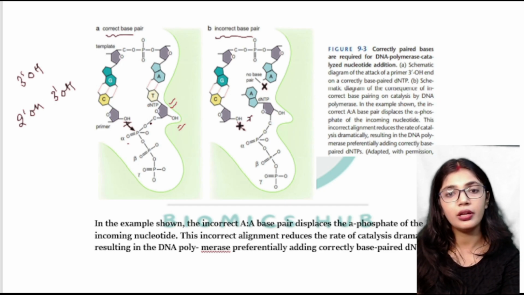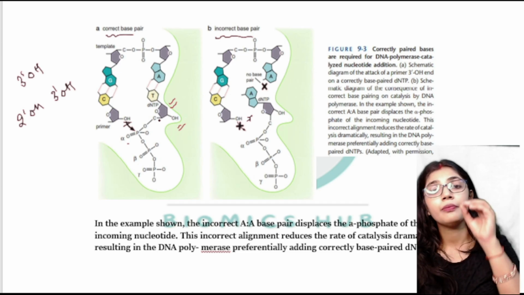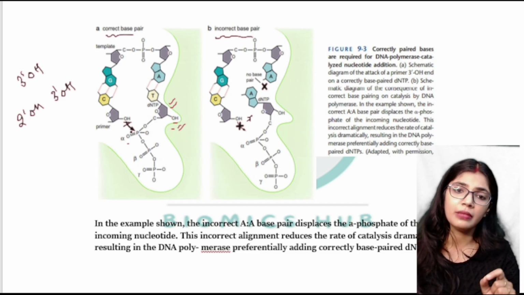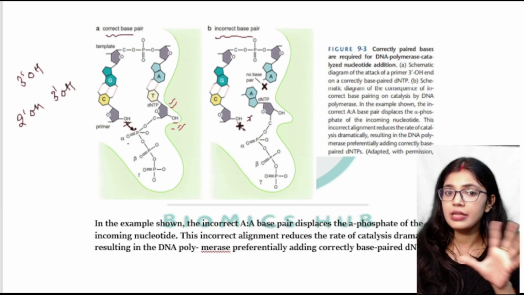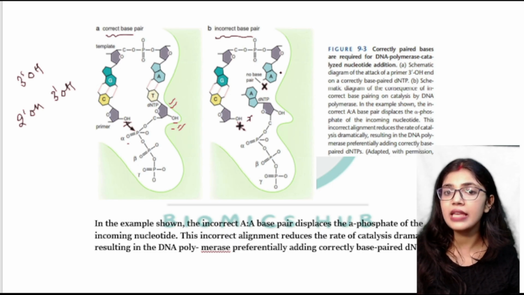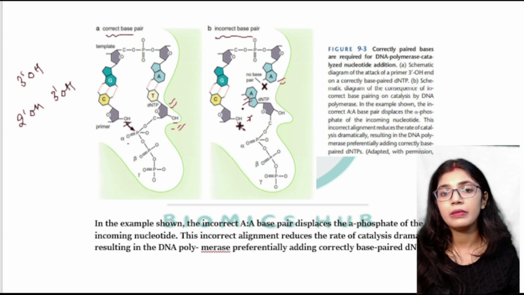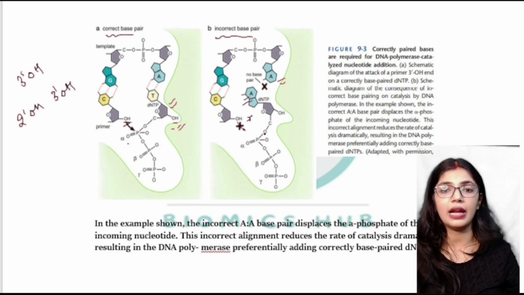So it helps the nucleotide to come and bind in this pocket, and the distance between this alpha phosphate and this OH group is not far. But in this case, this is adenine and it is also adenine, so there cannot be any base pairing over here. The structure is such that the phosphate group is present far apart.